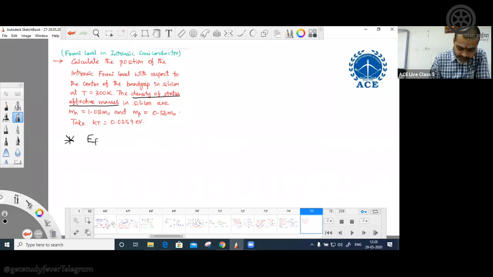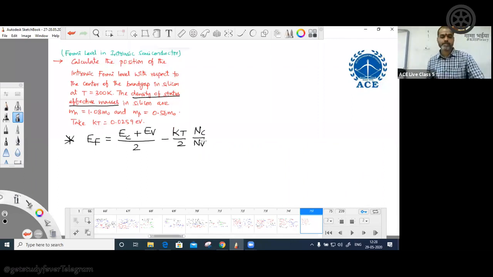Ef is equal to (Ec plus Ev) divided by 2 minus (Kt by 2) ln of Nc by Nv. Am I correct? I'm sorry, the logarithmic function ln is there. So Kt by 2 ln of Nc by Nv.